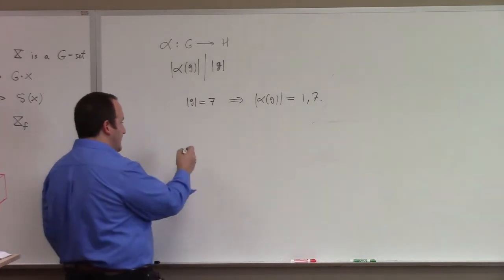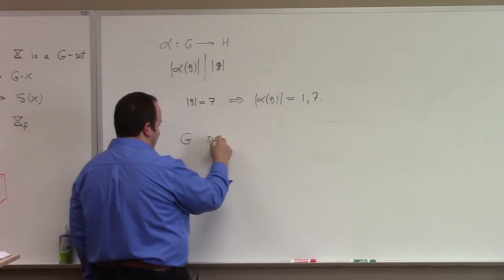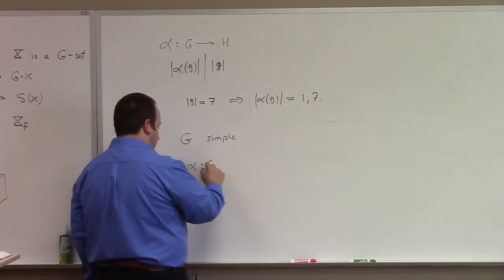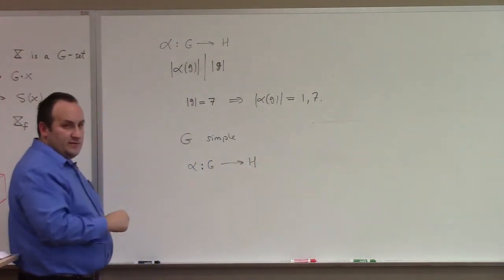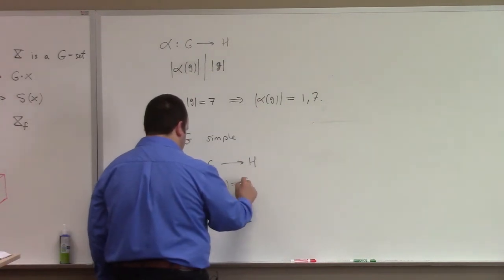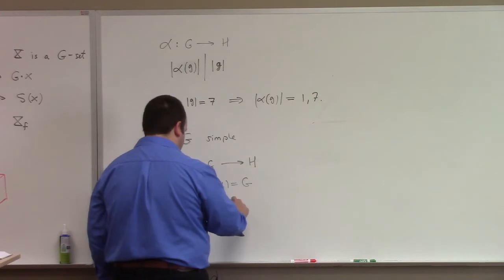Think about that. If G is simple, what are the possible homomorphisms? So you have alpha from G to H. What are your choices? You either have the kernel of alpha equal to G itself, or the kernel of alpha is what?